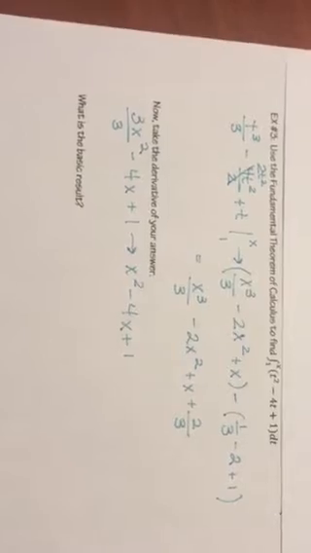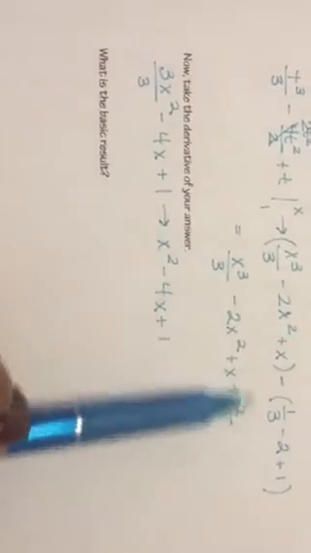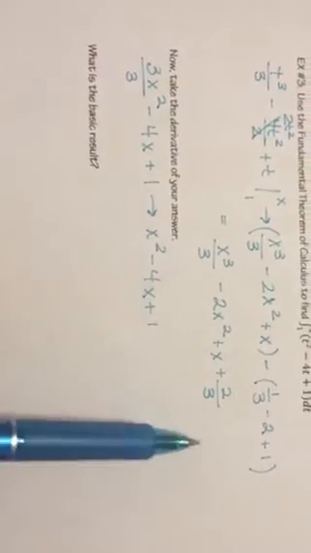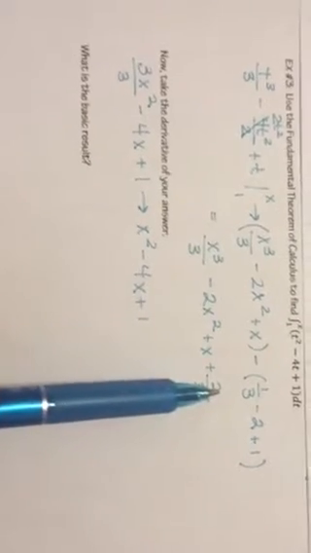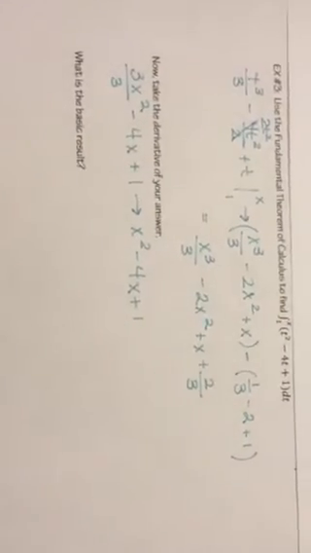And this is because when we took the derivative of our integral answer, the derivative of a constant is just 0. So what does all of this have to do with anything?